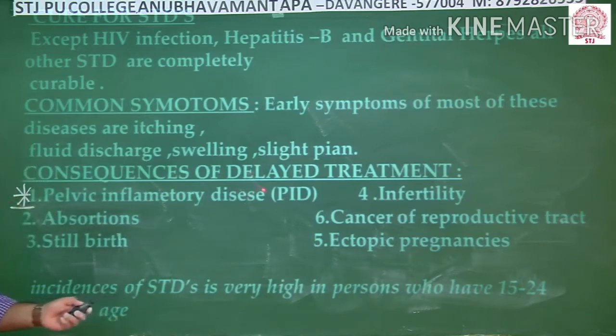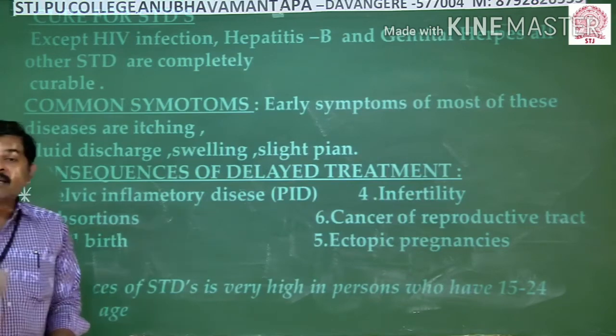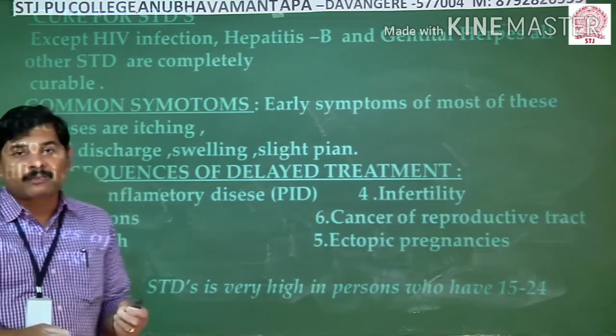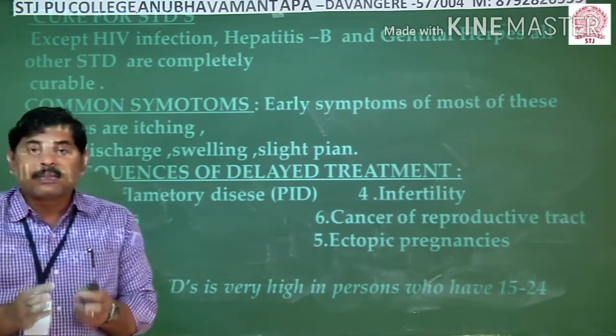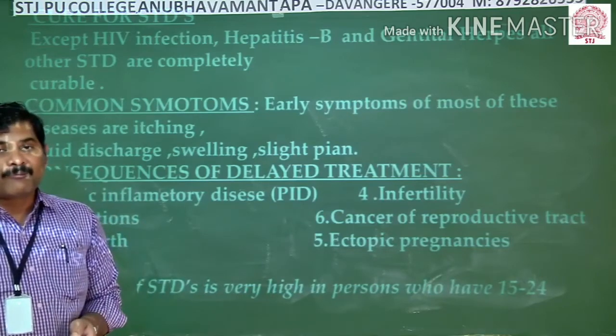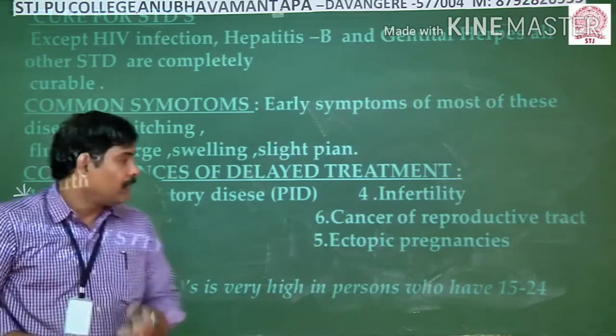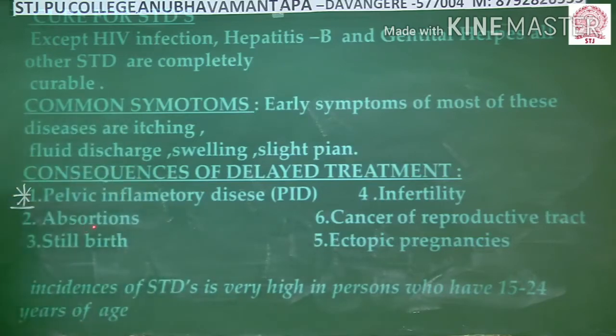In this case, the total reproductive system of the female will get infected. The external genitalia, vagina, cervix, uterus, fallopian tube, and even the ovary will get infected. It leads to infertility in a woman. Thereafter it leads to abortions. Thereafter it leads to stillbirths, where the mother gives birth to a dead baby, a lifeless baby, known as a stillbirth.